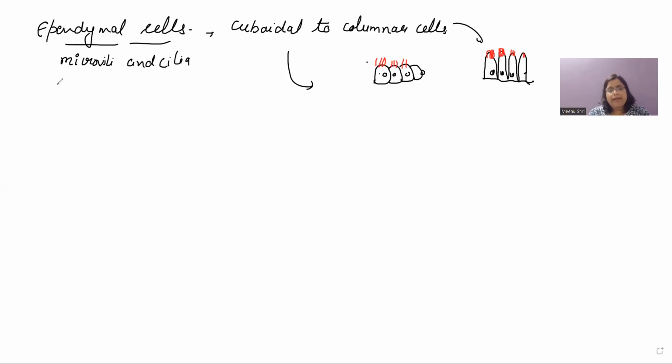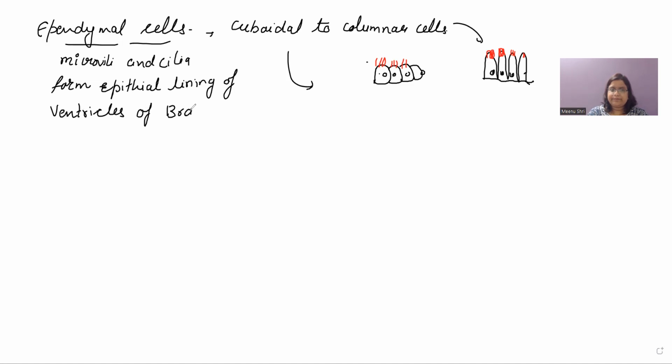They form the epithelial lining of the ventricles of the brain. What are the ventricles? In future lectures, we will discuss the ventricles. Ventricles means the cavities. Ventricles of the brain and spinal cord.